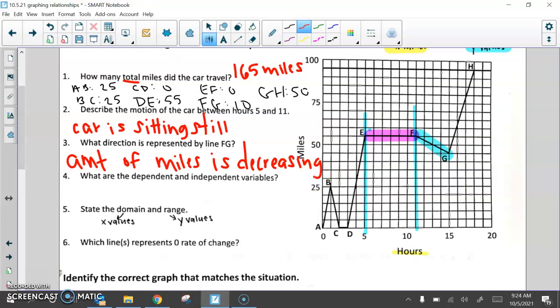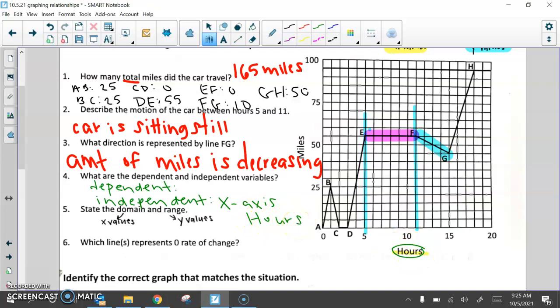Okay, what are the dependent and independent variables? So the independent is the x-axis. And in this case, that's hours.